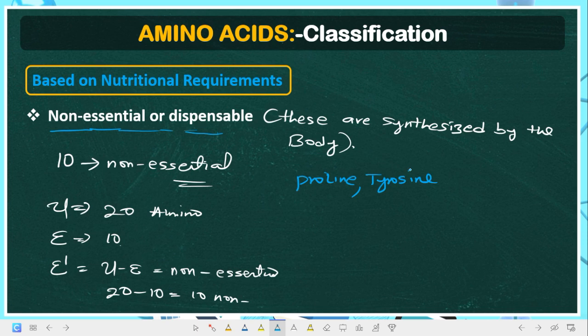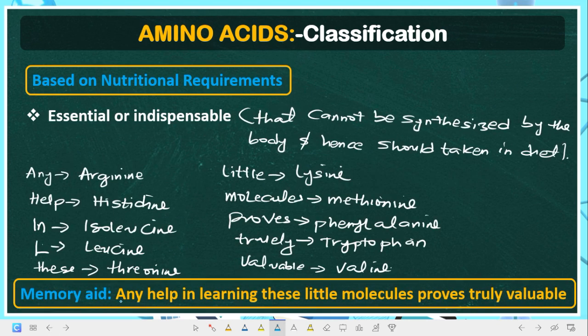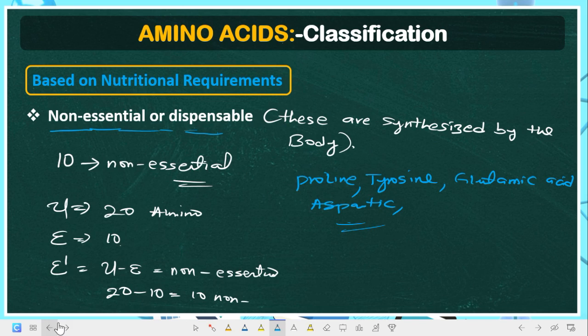We have asparagine, glycine, glutamic acid, aspartic acid, cysteine. All those are non-essential, because the body can synthesize them. So the remaining 10, if you know the 10 essential by using the mnemonics or the memory aid, any help in learning these molecules proves really valuable. All you need to do is subtract them and you get the non-essential.